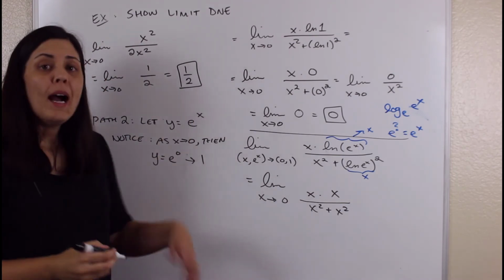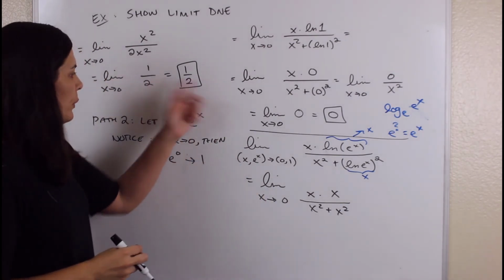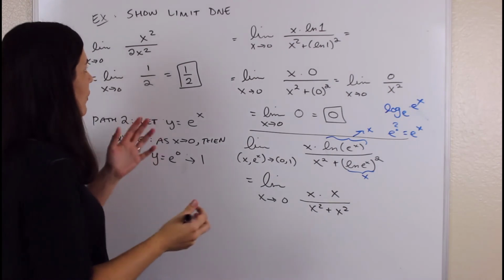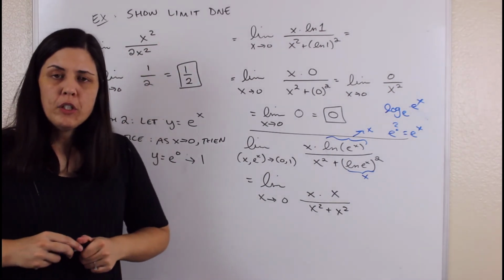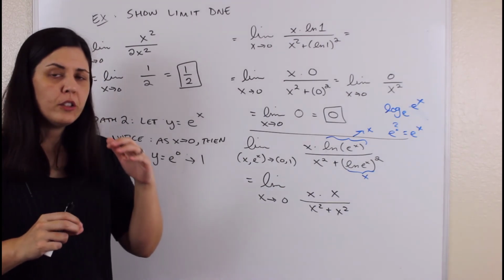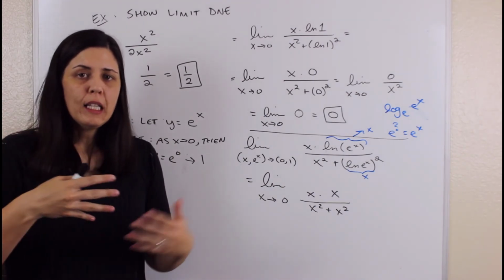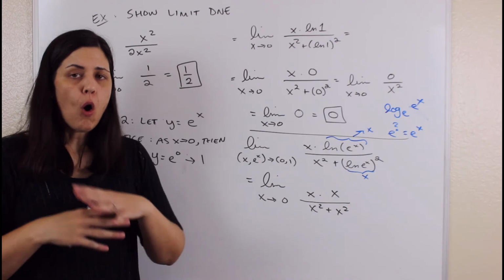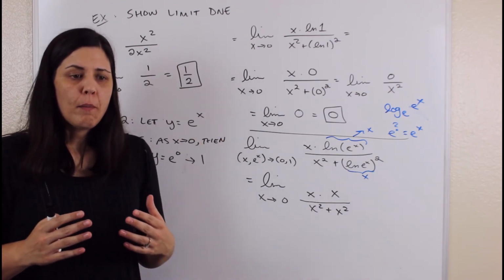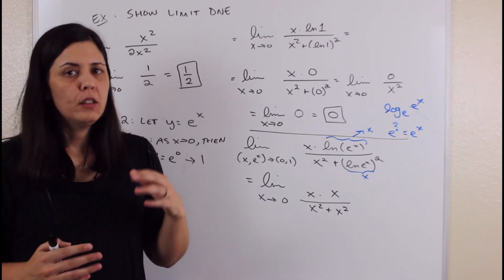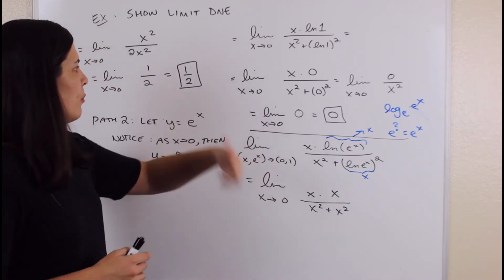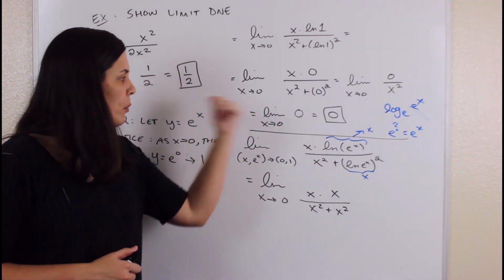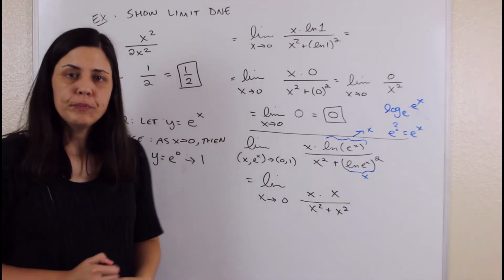So, by the 2-path test, we got 2 different limits, so you can say, therefore, this limit does not exist. Okay. And so, like I mentioned before, just because 2 straight line paths, or even all straight line paths, have the same limit, you have to consider curved paths as well. So we did one straight line path, but 1 curved path. So the fact that they didn't equal the same thing was good.